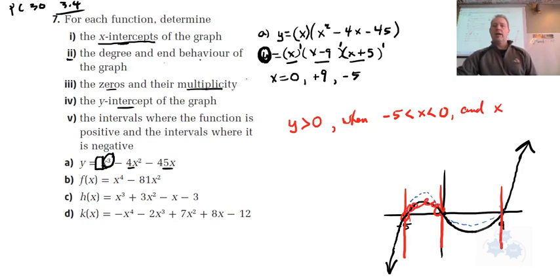So it's this area and way over here, right? X is greater than? Greater than 9. Good. Y is less than 0 when x is less than -5. See, it's everything before -5. And it's between 0 and 9.